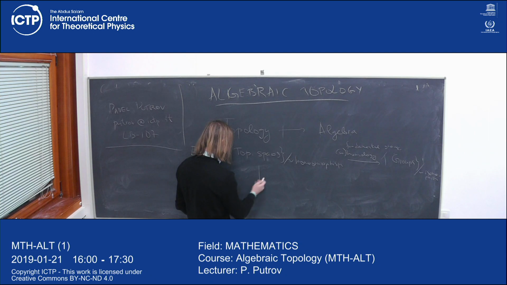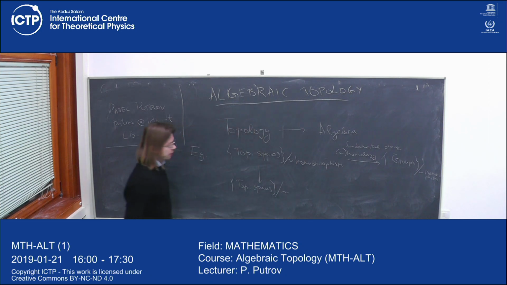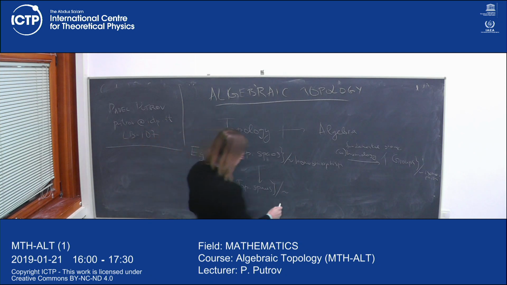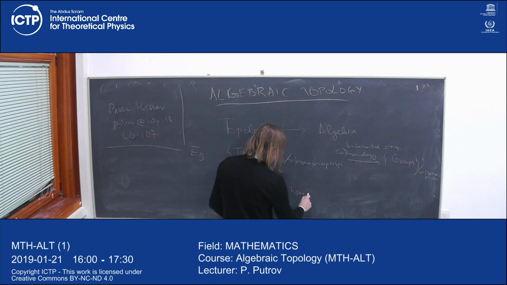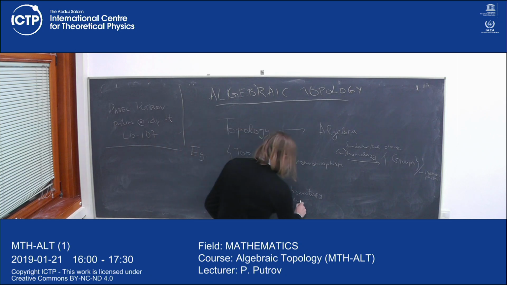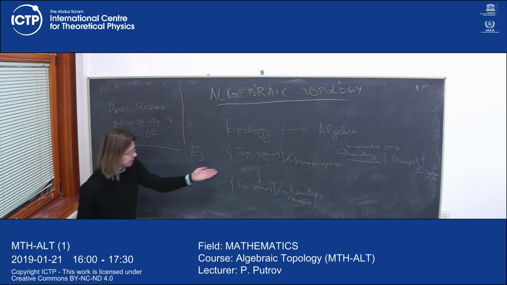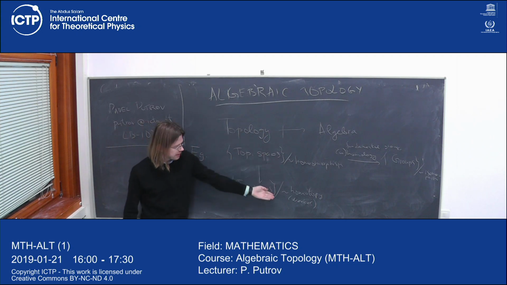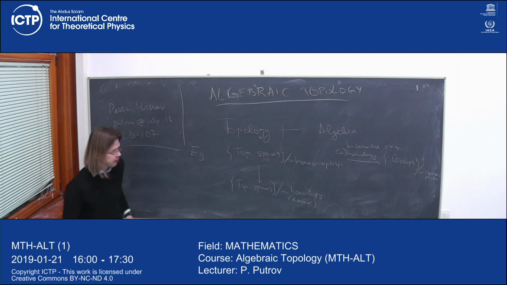So we consider topological spaces not up to homeomorphism, but up to what is called homotopy, which we will study in detail. Compared to homeomorphism, this is a weaker equivalence relation. In particular, if two topological spaces are homeomorphic, they are necessarily homotopy equivalent, but not the other way around.